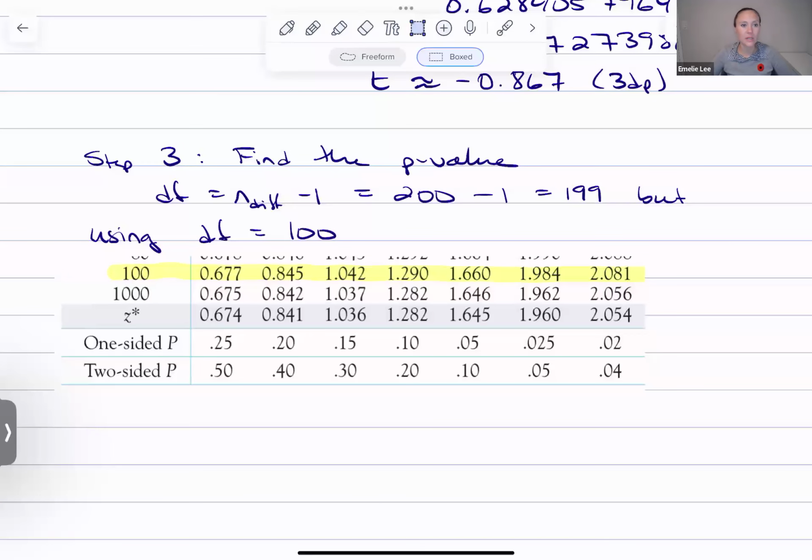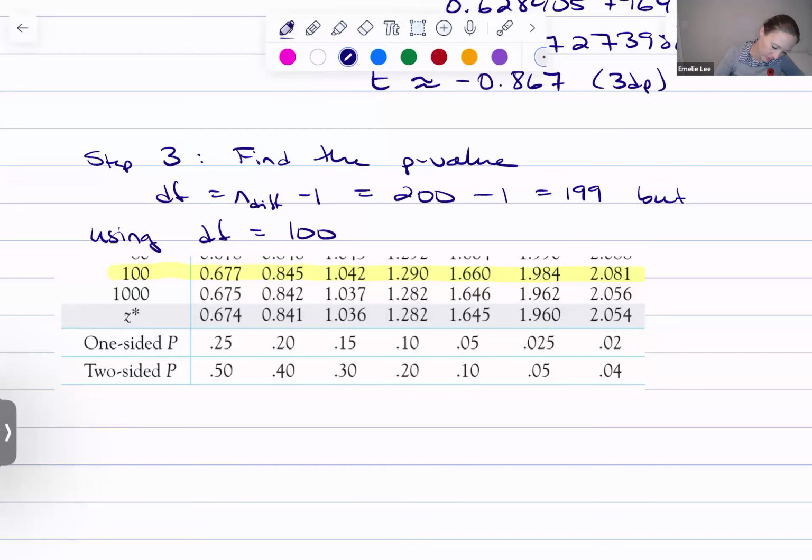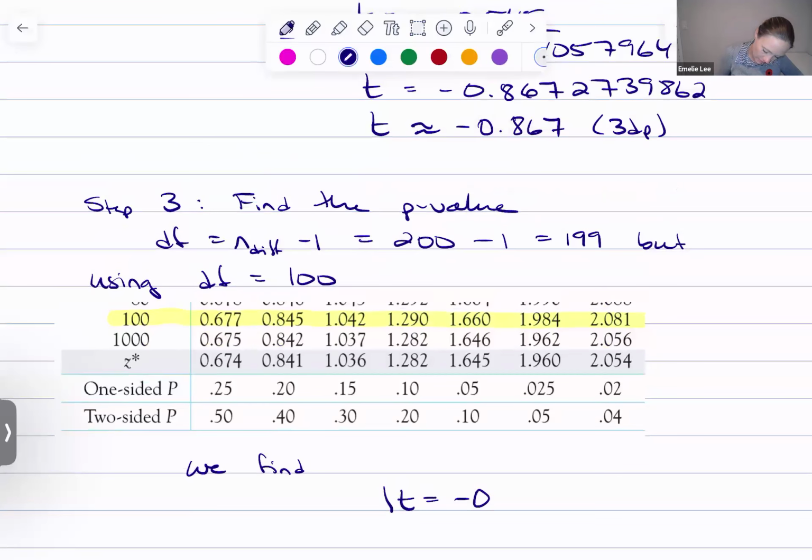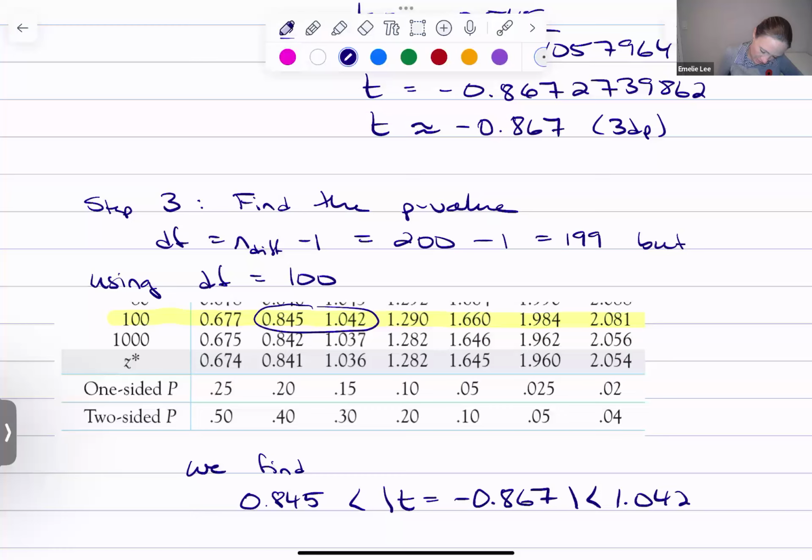So using 100 degrees of freedom, we find the absolute value of t, which is 0.867, is between these two values, 0.845 and 1.042.